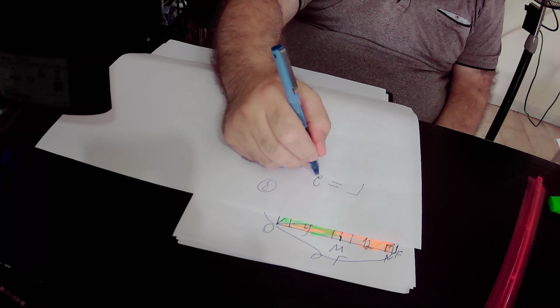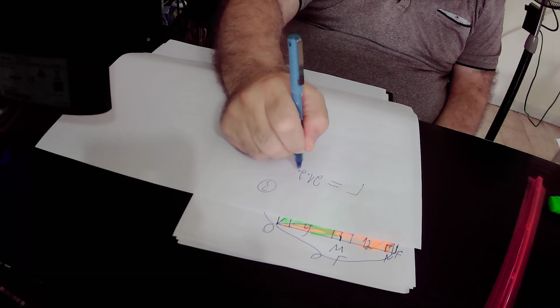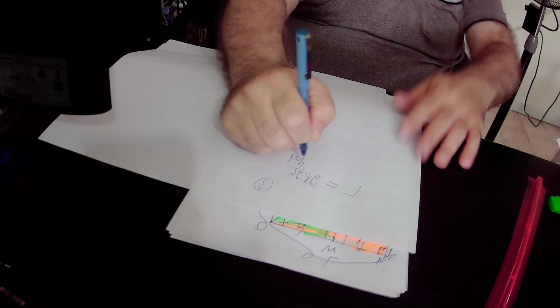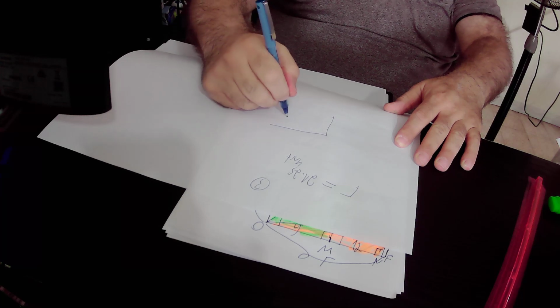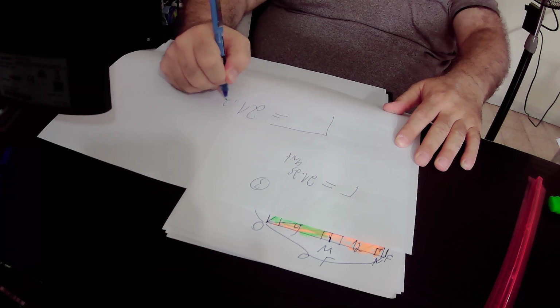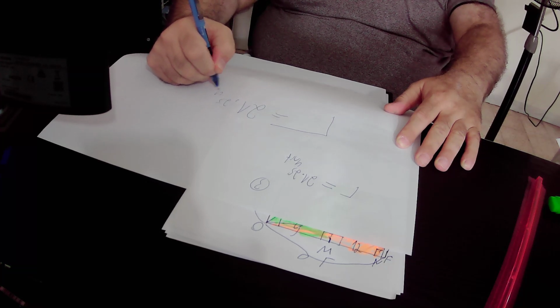It is equal to 21.25 units. Okay, I repeat again. The radius of the quarter circle R equals to 21.25 units.